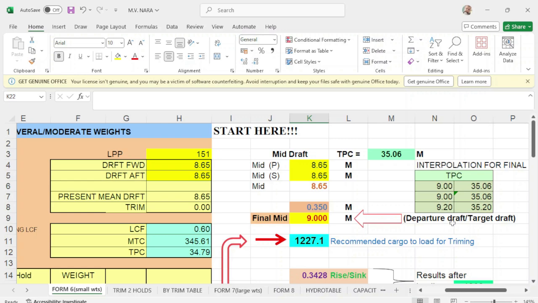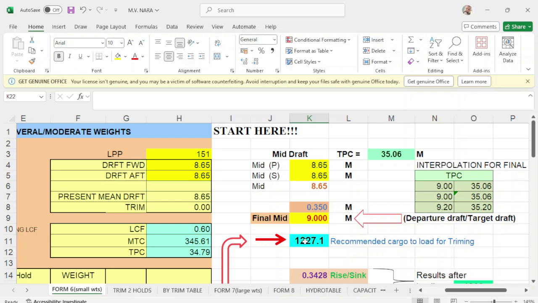Okay, so take note, guys, when you use your final departure according to your plan, it will be the same density as what you're using in your loading plan. So your departure is 9 meters, so the recommended cargo to load is 1227.